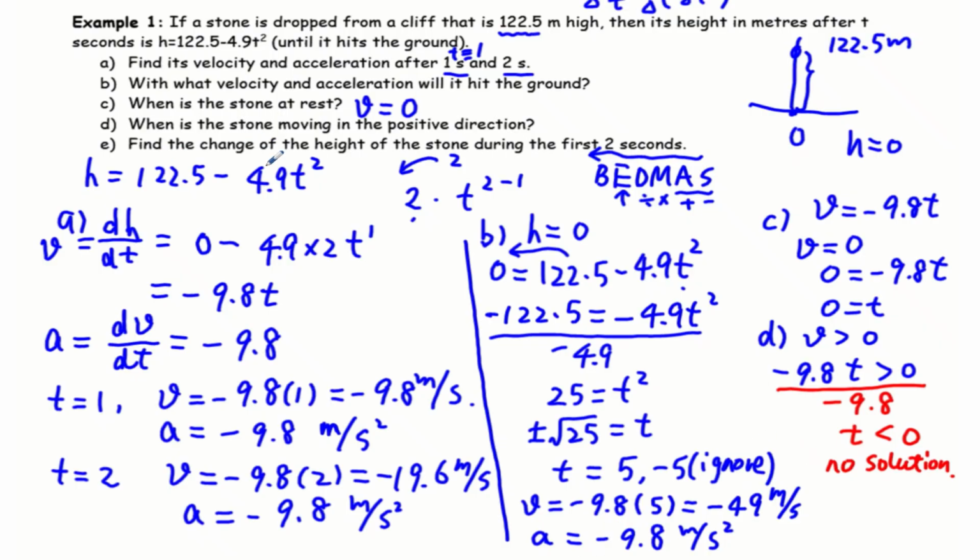Now find the change of the height of the stone during the first 2 seconds. So for the change of the height, we want to find where the height is at 2 seconds, then we do the subtraction. We are able to find the change of the height.